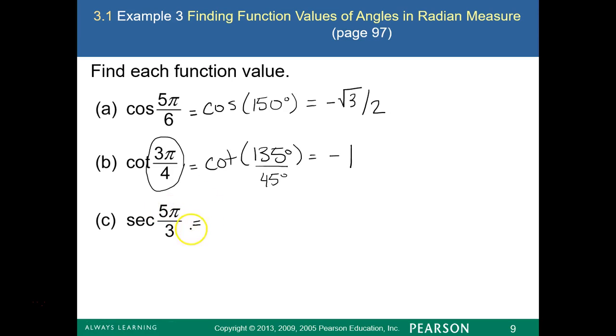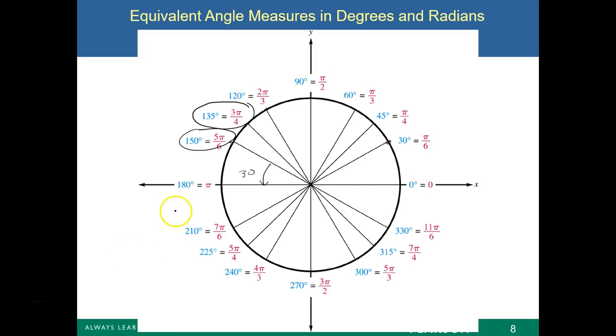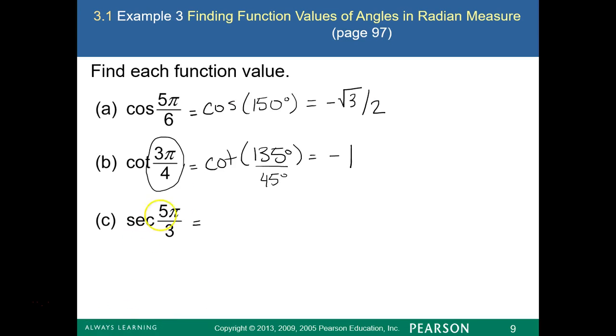Now secant, let's look at 5 pi over 3. Let's look for that. 5 pi over 3 is over here. That's 300 degrees. So let's replace that. Its reference angle is 60.